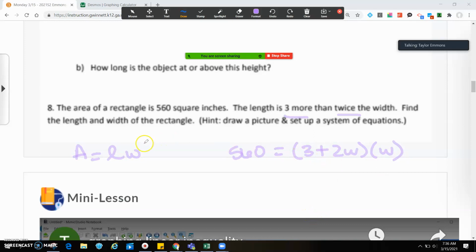And then now we need to find the width and the length. So I'm going to distribute this out. And now it's a quadratic. So we're going to move everything to one side. And so this is going to be 2w squared plus 3w minus 560.